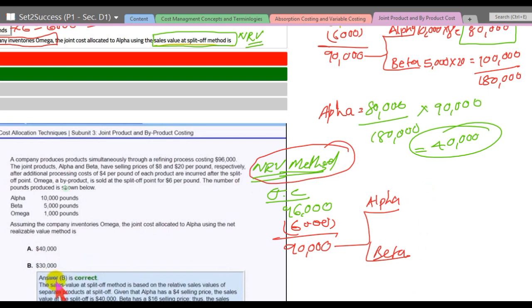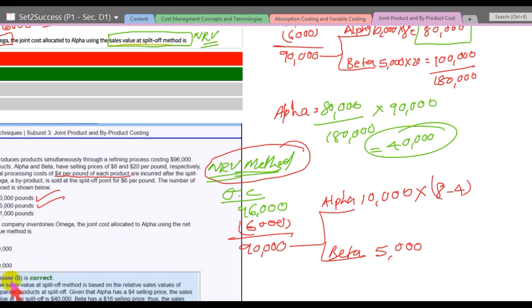For alpha we have 10,000 pounds, and for beta we have 5,000 pounds. Under the NRV method, we have 8 minus the additional processing cost, that is 4 per pound for each product, which gives you 40,000.